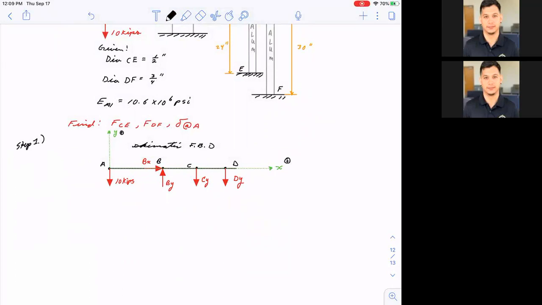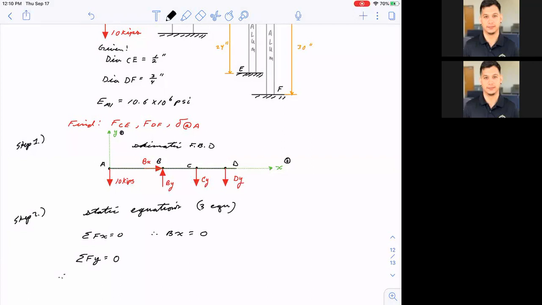Now we could start off with our step 2, which would be to create our static equations. Should be 3 equations, right? The sum of the forces in the x direction is equal to 0. Therefore, Bx is equal to 0. And the sum of the forces in the y direction is equal to 0.